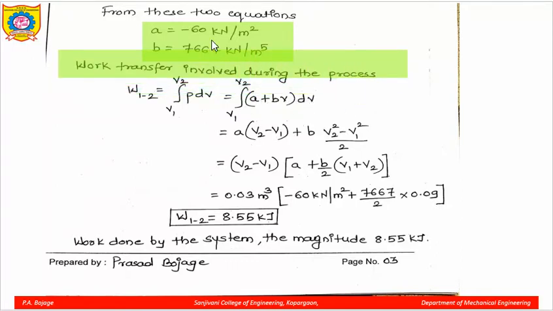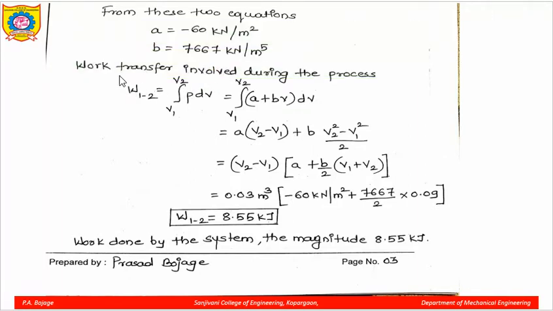is given by, that is, work done 1 to 2 is integral P dV, and limits are V1 to V2. So, simplifying this integral, we get A into bracket V2 minus V1 plus B into (V2 square minus V1 square) upon 2.